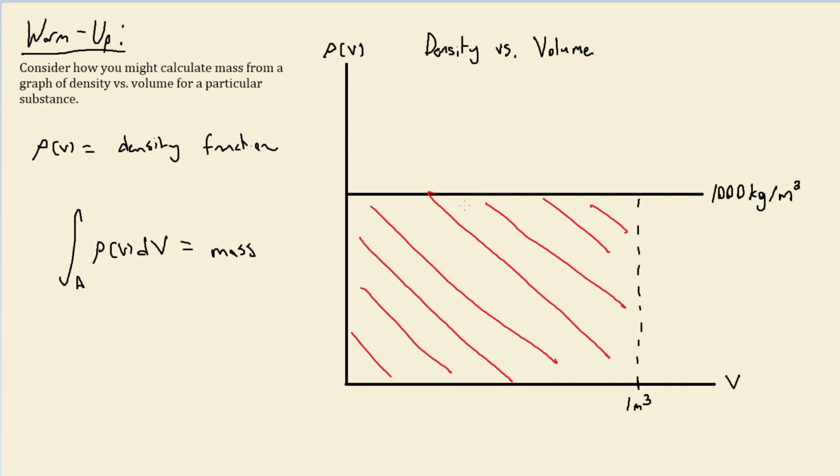And so here, obviously, if you're integrating over the constant, it's the same as finding the area under the curve here. So this is just going to give us the mass of 1 meters cubed of water. But if our density was changing, we could solve for the mass by integrating over that density function. So that's the point I want to make here, just the connection I want to draw.